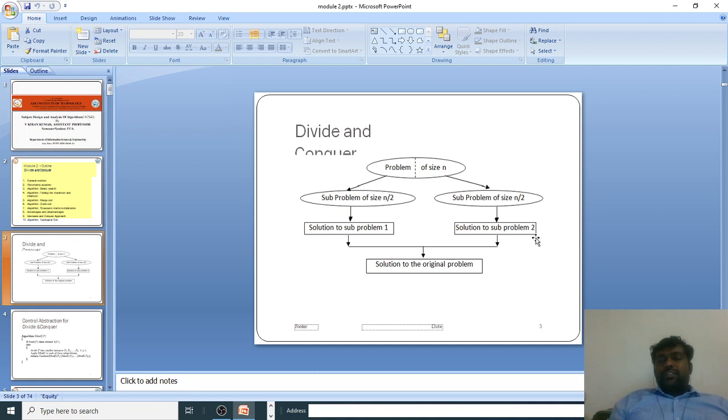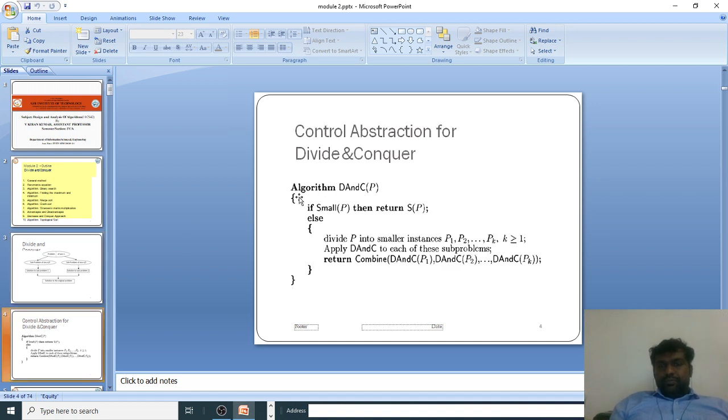You're going to find out the solution for the right hand side of the subproblem, and then you're going to combine and you're going to find out the solution to the original problem. So this is nothing but what you call a divide and conquer technique, where you're going to divide, you're going to conquer, you're going to combine. So it is DCC. Okay.